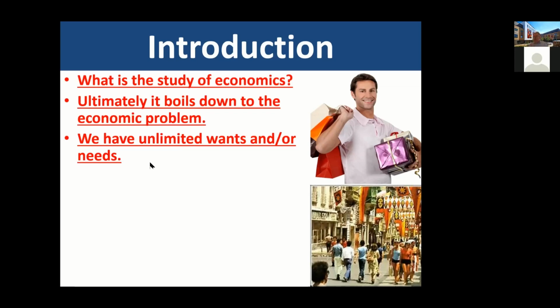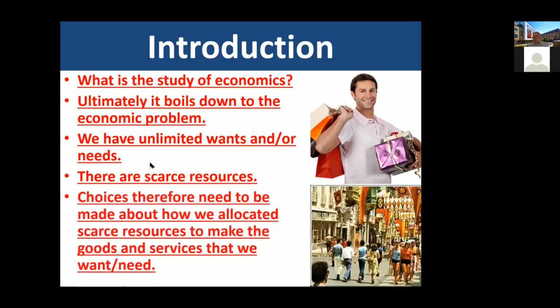But the economic problem is that we have unlimited wants and or needs, and the world has scarce resources. So we don't have sufficient resources to meet the unlimited wants and needs.